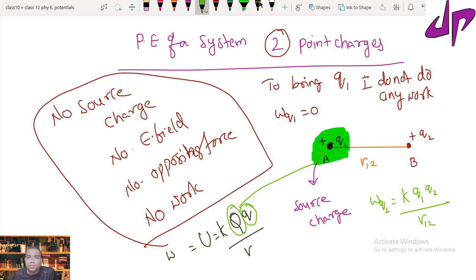This is the amount of work I need to do to bring the other charge q2.